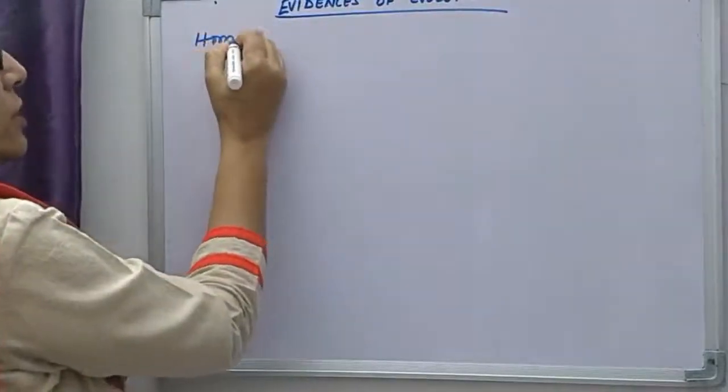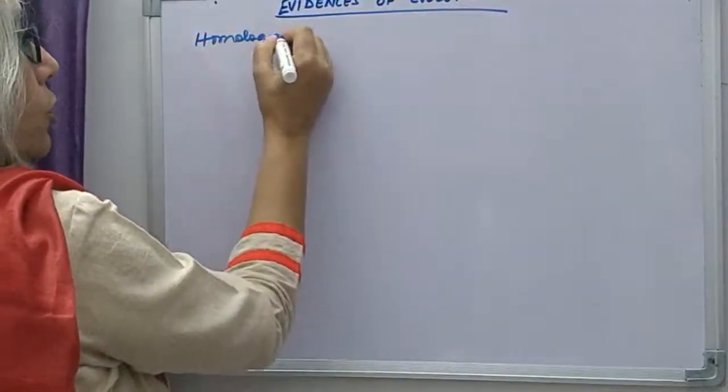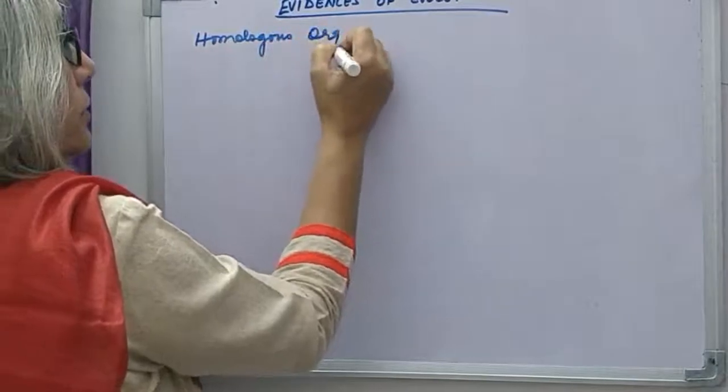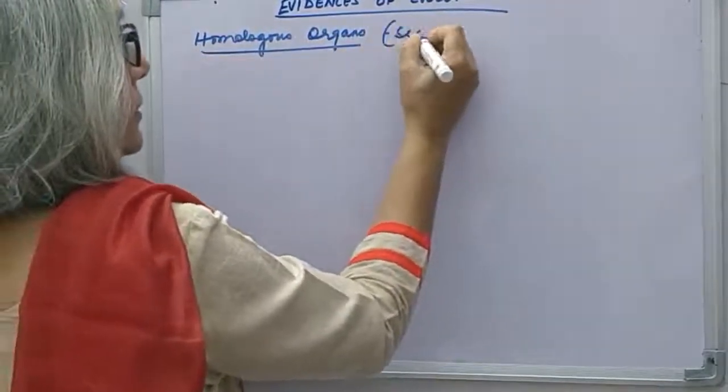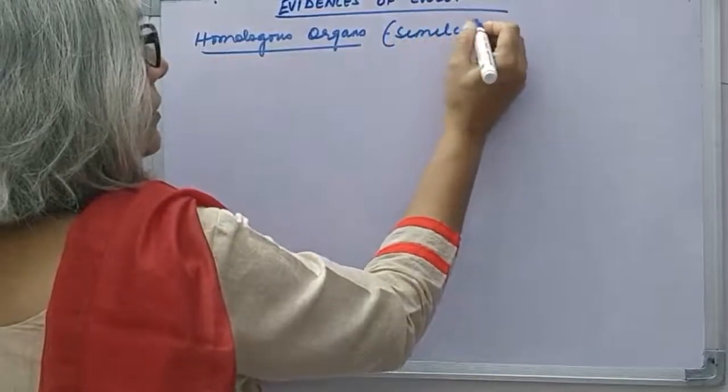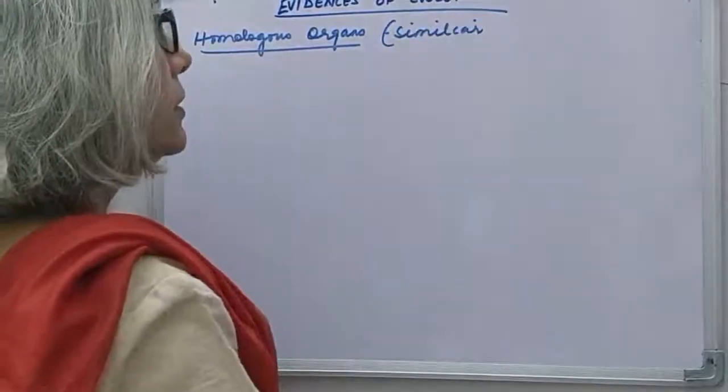So first, homologous organs. Homologous organs are similar in structure.